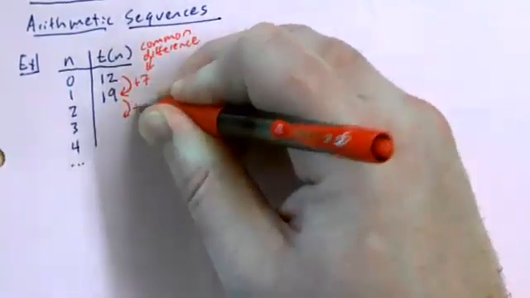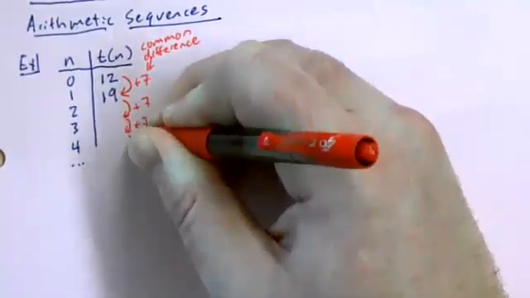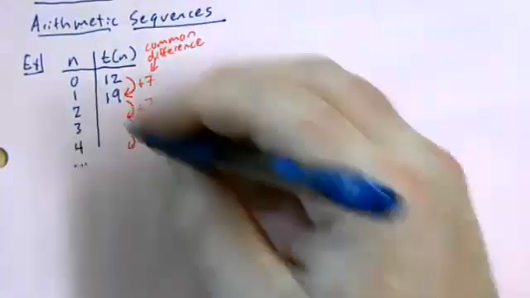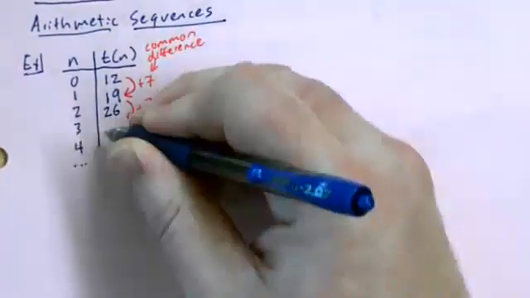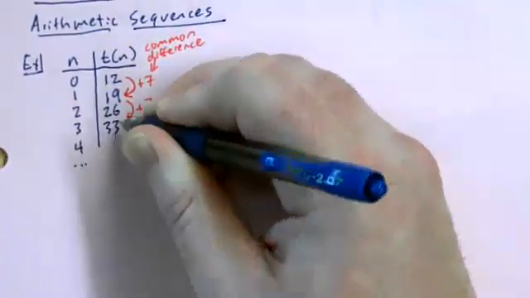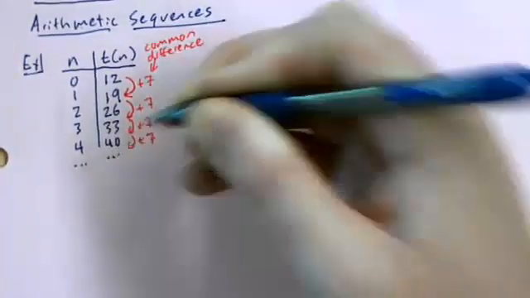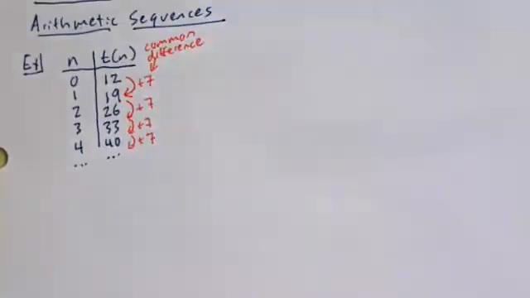All right, so if that's +7, then we continue to do +7 to go up in our sequence. So 19 plus 7 gets us to 26, plus 7 gets us to 33, plus 7 gets us to 40. And this would keep going. That's what my little 3 dots there mean. We feeling okay about that so far?